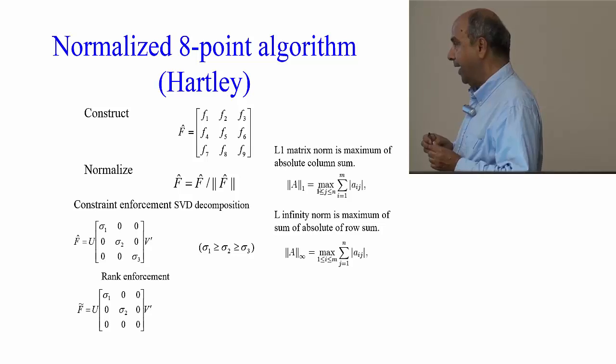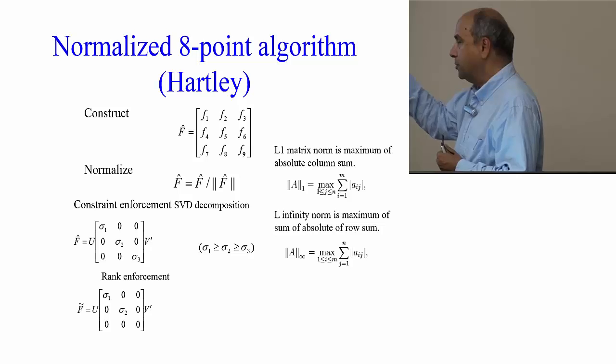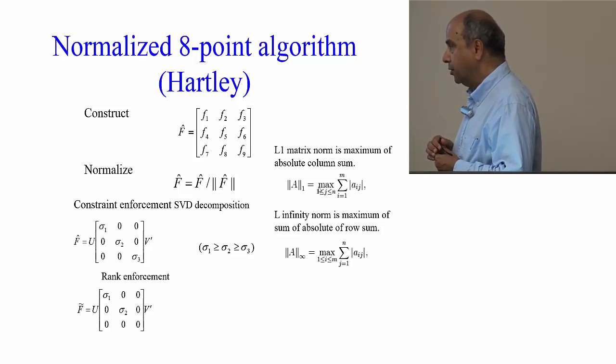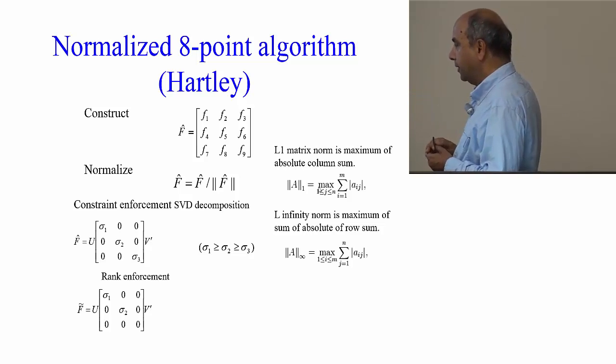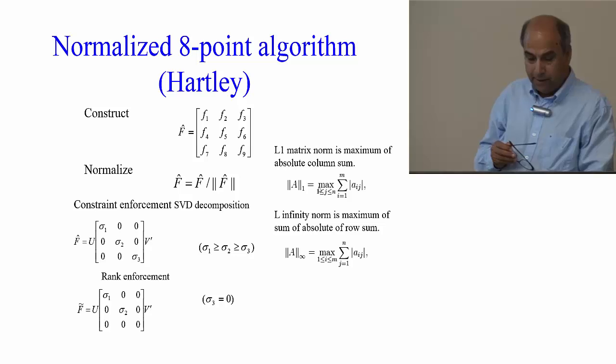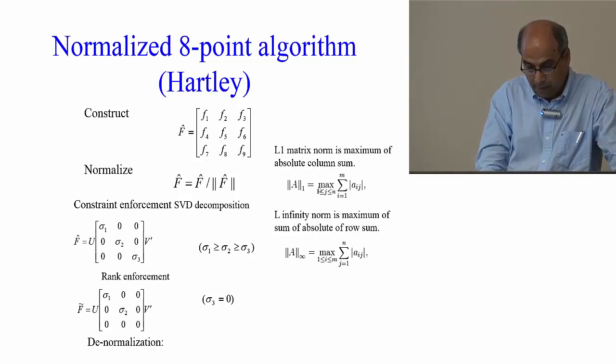It will decrease its rank, and that's what we want, because the fundamental matrix is not any 3 by 3 matrix which we get from that solution, but we want to make sure it is rank deficient. So we'll artificially make that third element 0, and then multiply by U and V transpose, and that will be a better matrix.